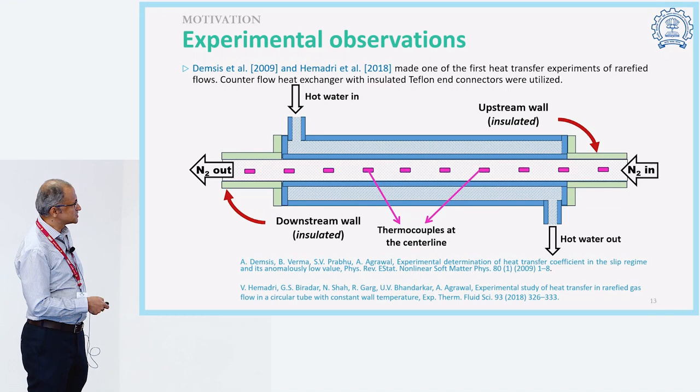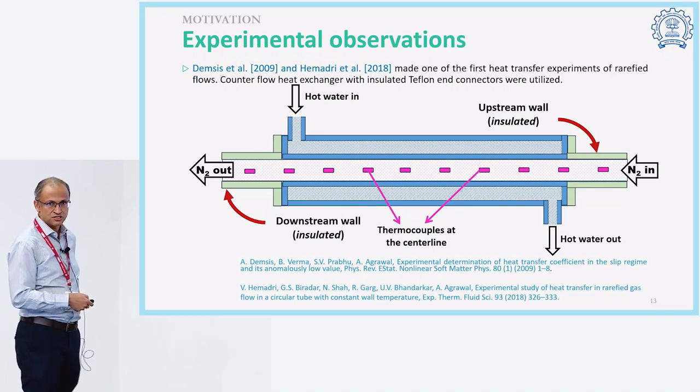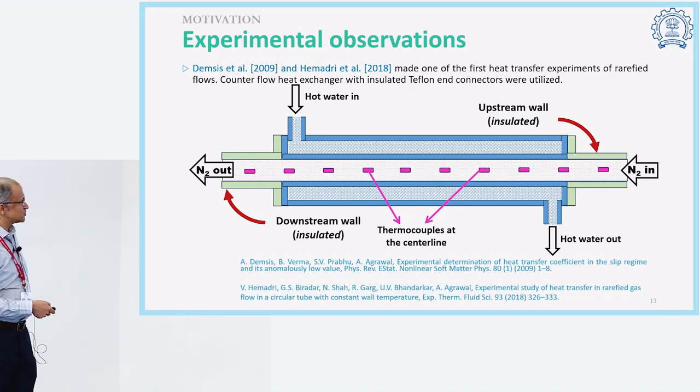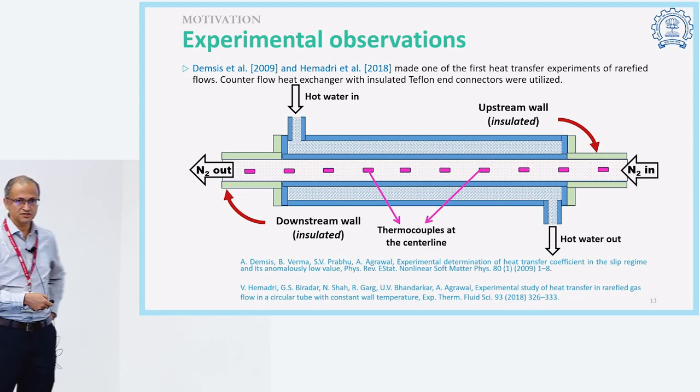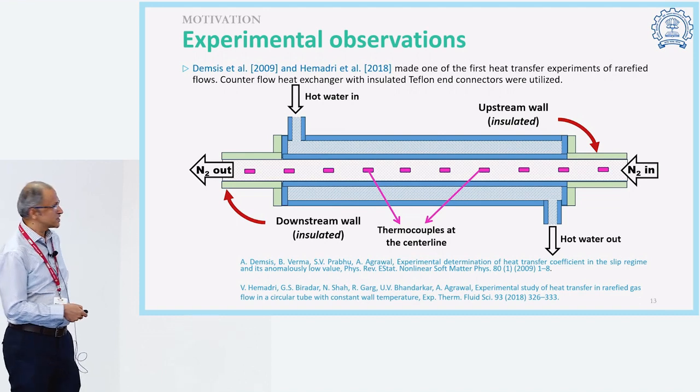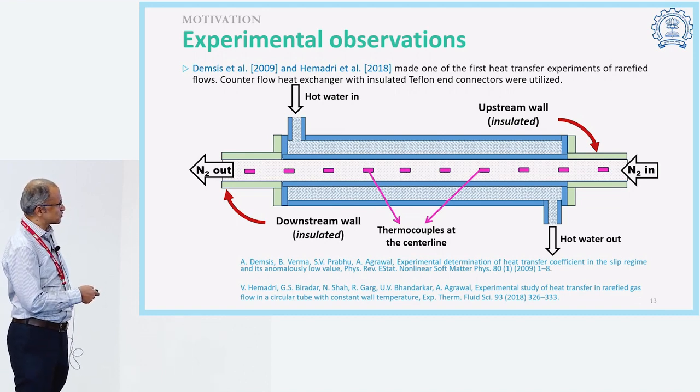Using this sort of heat exchanger, one can figure out the heat transfer coefficient inside. So you essentially measure the four temperatures. There is water coming in and going out. You measure the flow rate of this, and the flow rate of nitrogen in the system. So two flow rates and the temperatures of water in, water out, and nitrogen in, nitrogen out.